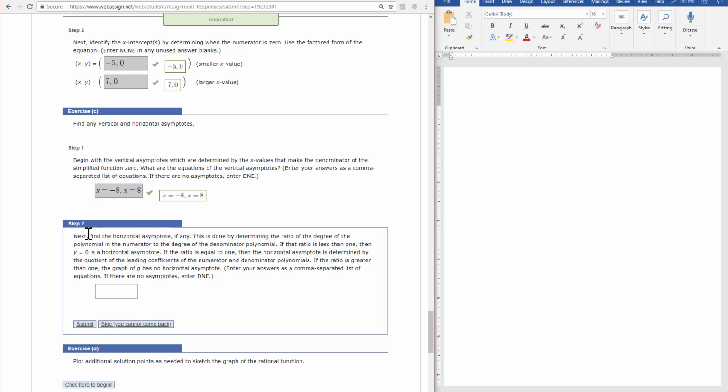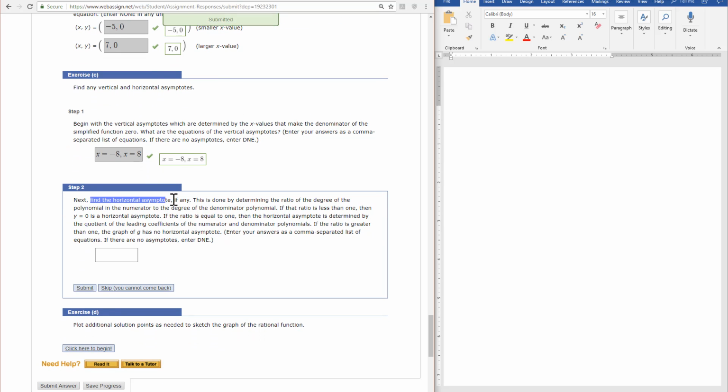All right, that's better. Now to find the horizontal asymptote, if any, you do this by comparing the degree of the polynomial in the numerator and the degree of the polynomial in the denominator.